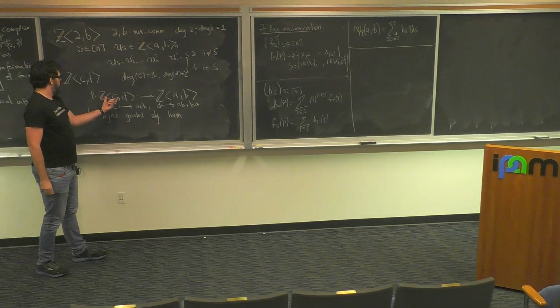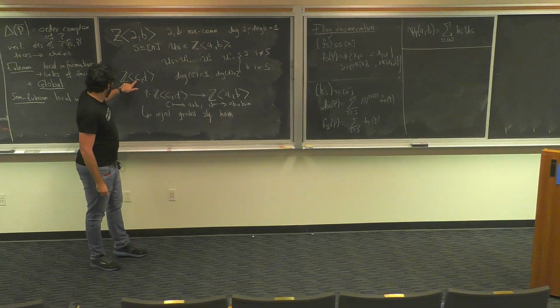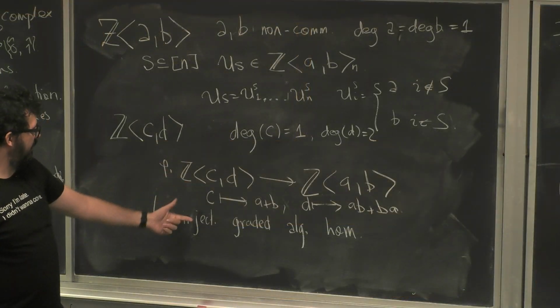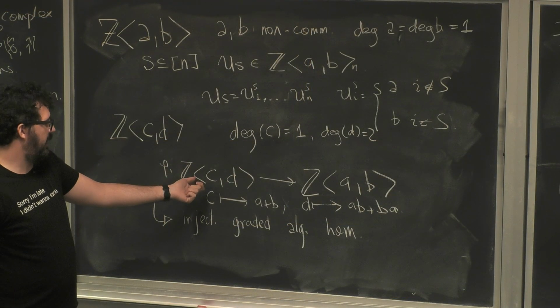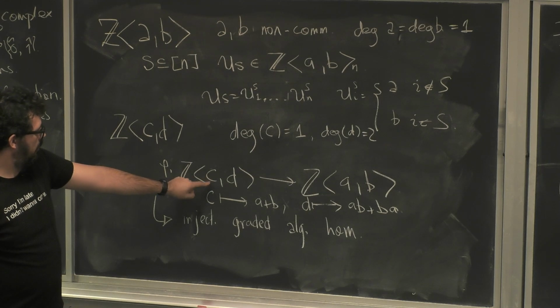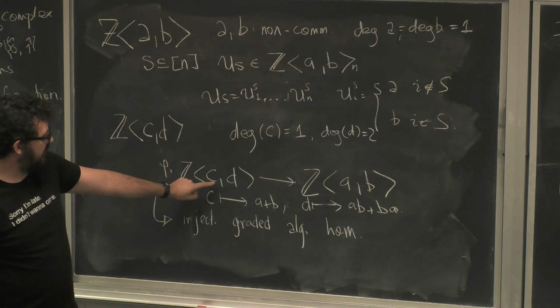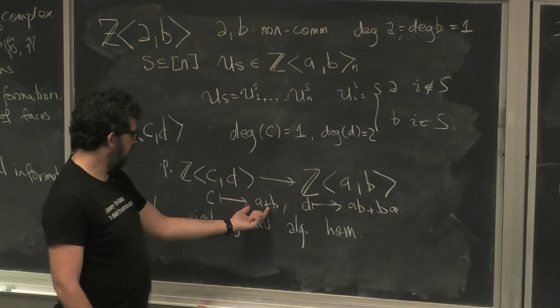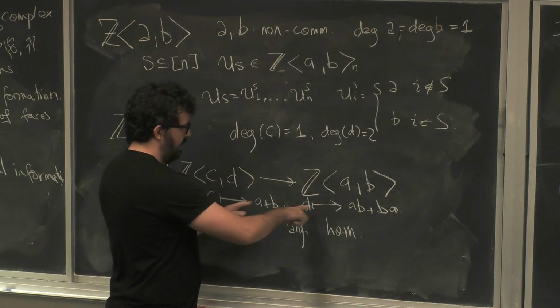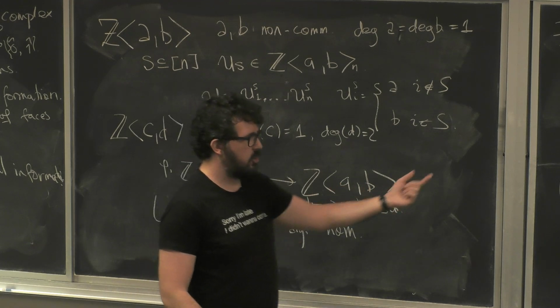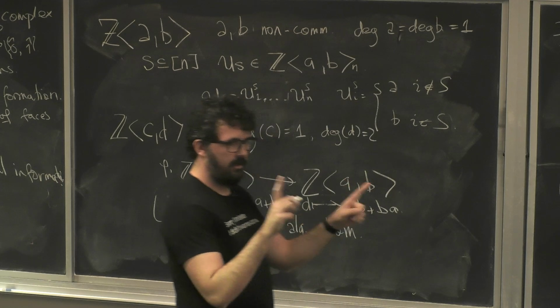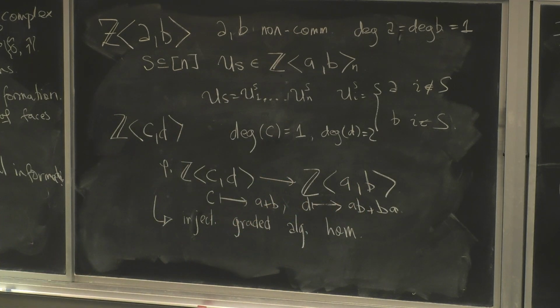I want to look at a variable of degree 1 and a variable of degree 2, and build a graded algebra map that sends c to a plus b and d to ab plus ba. If you think about this, any element in the image is going to satisfy that symmetry that we saw a few minutes ago.